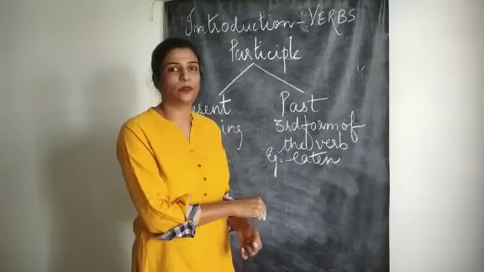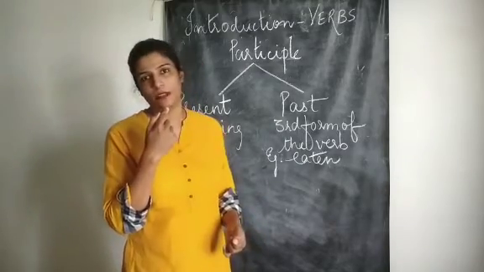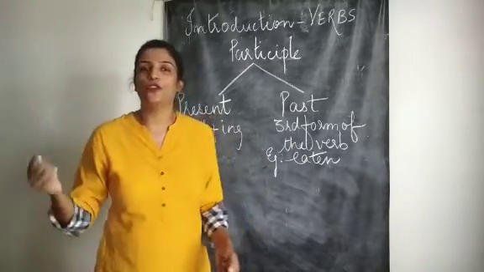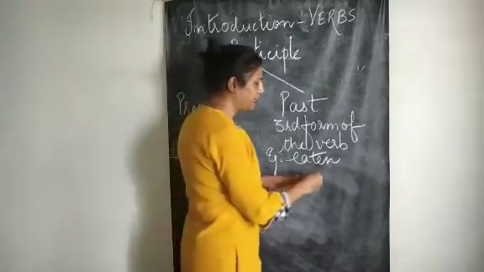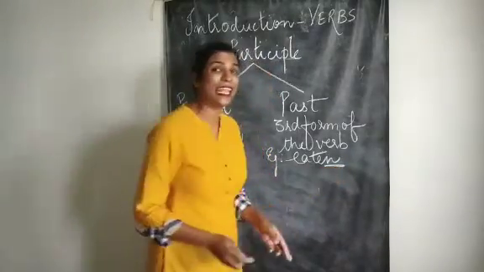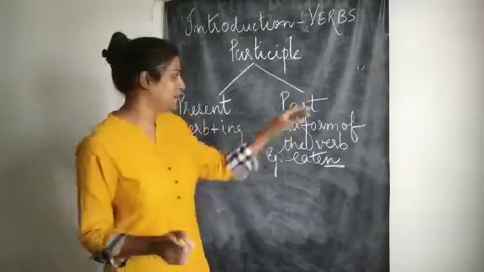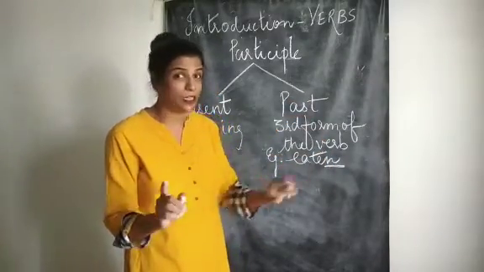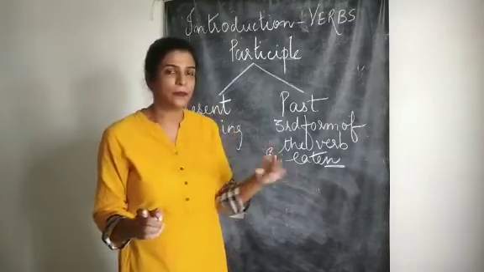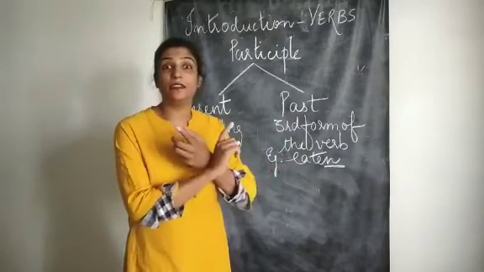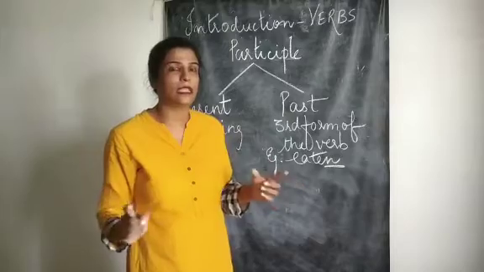Eaten is the third form of the verb. So I would mostly call it the N form of the verb, because most times you see it ends with N. So that is the past participle. Again, in the non-finite category, it will have no helping verbs attached to it.